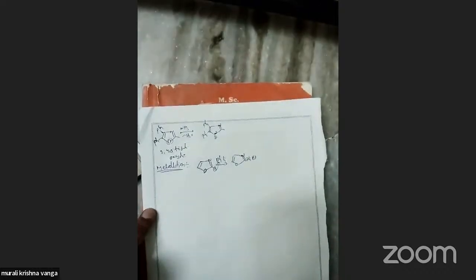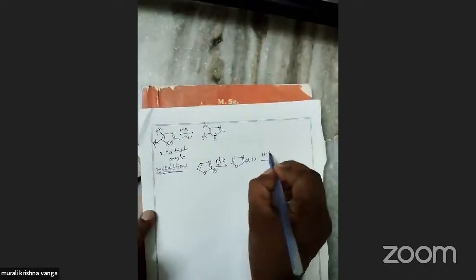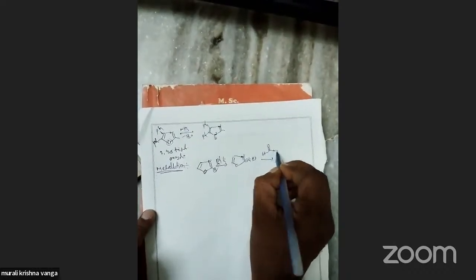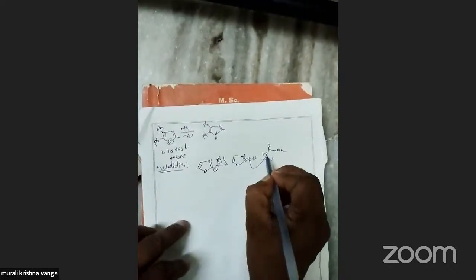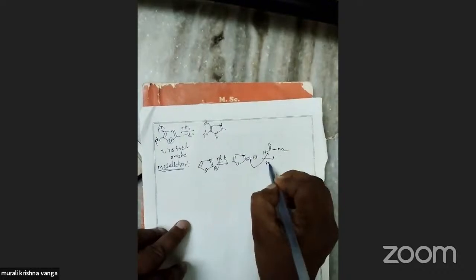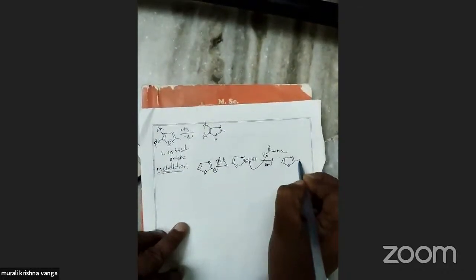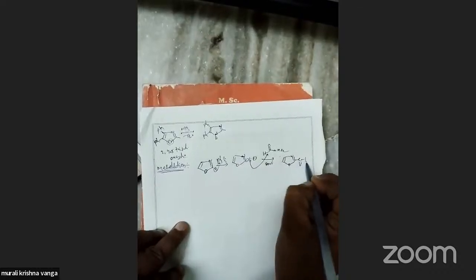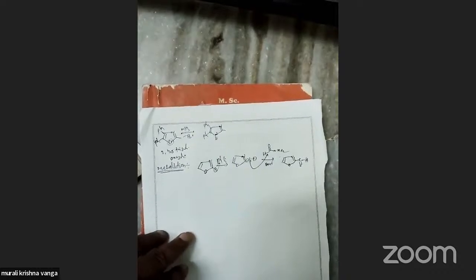This is a nucleophile that can react with any electrophilic center, for example dimethylformamide, DMF. Formylation takes place here at the second position. This is the condition.